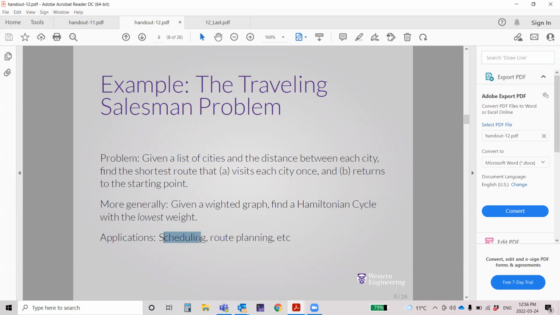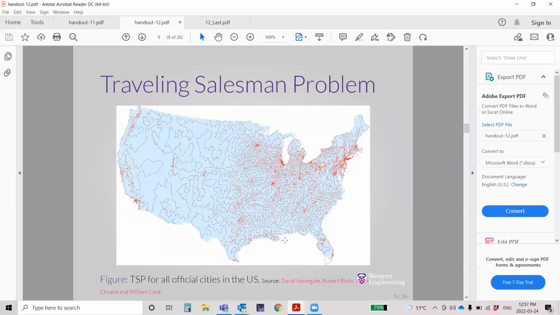Applications: scheduling, route planning, etc. Those problems need optimization to find the minimum, shortest, fastest path passing by all the cities with the lowest weight of this graph.